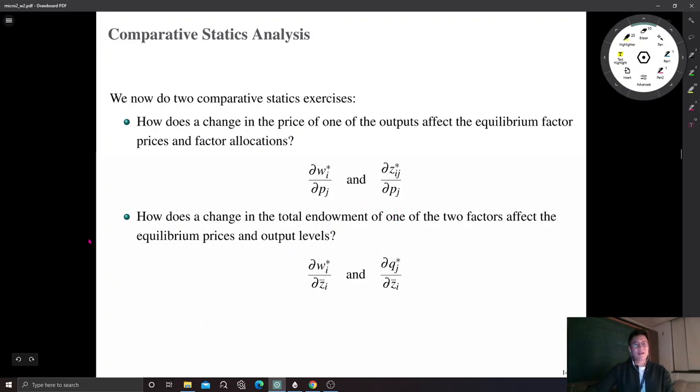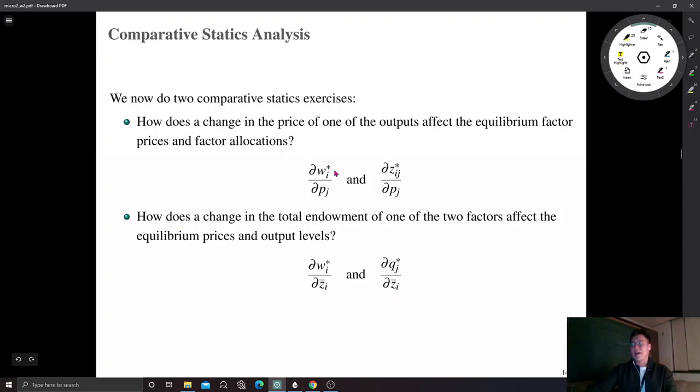And the second exercise is how a change in the total endowment of one of the two factors affects the equilibrium prices and output levels. So in this exercise, we investigate two derivatives: the derivative of input prices with respect to the total endowment of, say, factor I, and the derivative of quantity produced with respect to the same variable.